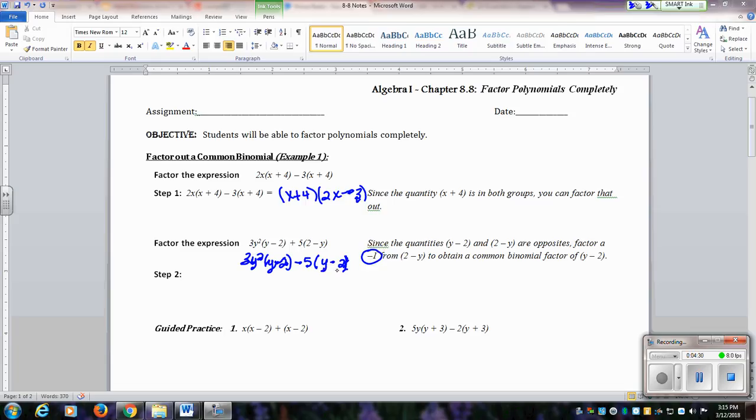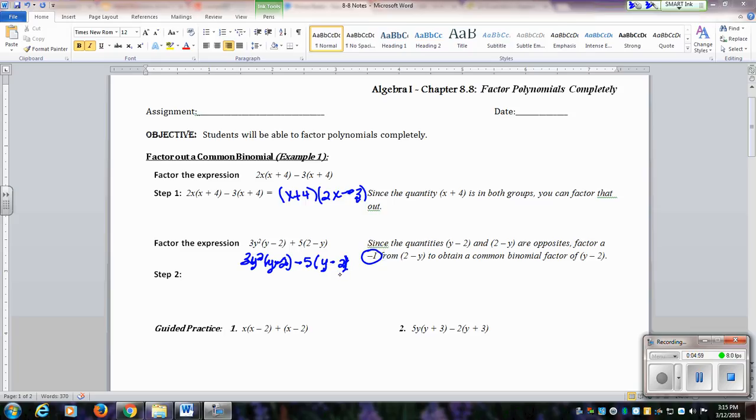All we did was pull a negative out and change the signs, but let's see what happens. Negative 5 times y gives us a negative 5y, just like if we had done it up here, and then negative 5 times negative 2 is a positive 10. So we have not changed the value of any of the multiplication going on here.